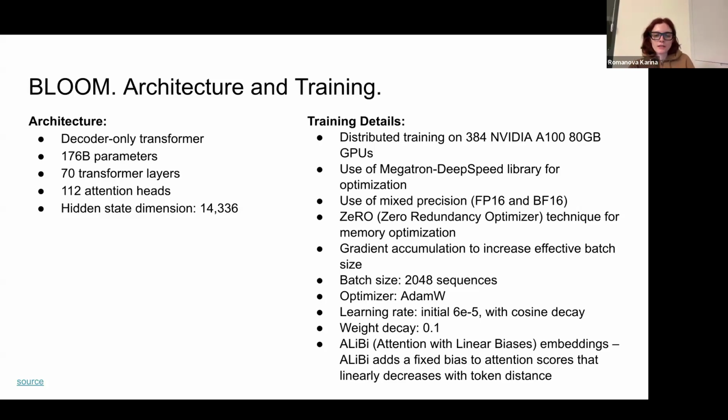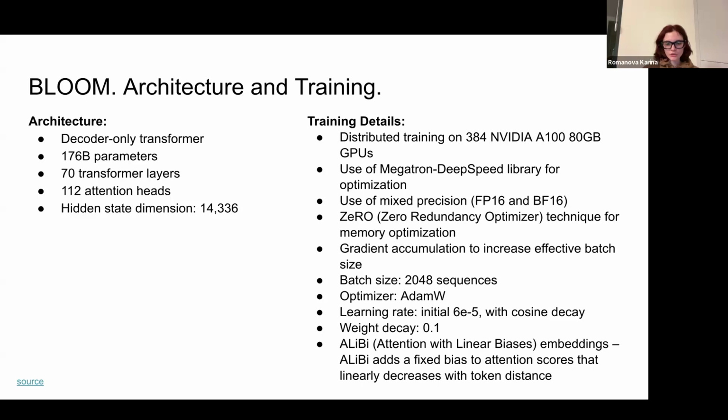To manage its massive scale, Bloom incorporates several optimizations. Let's look at this part of the slide. Firstly, mixed precision training: by combining half precision and bfloat16 formats, Bloom conserves memory while maintaining performance accuracy.